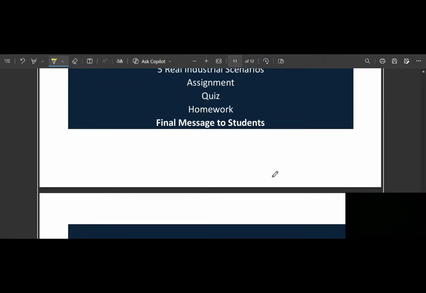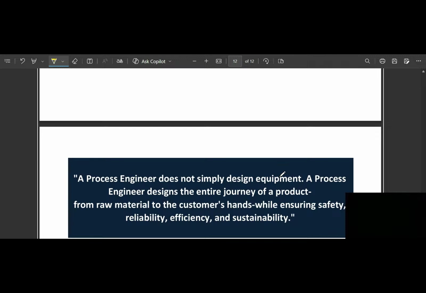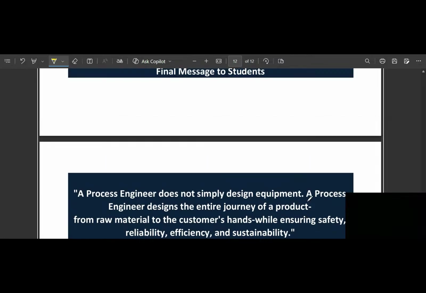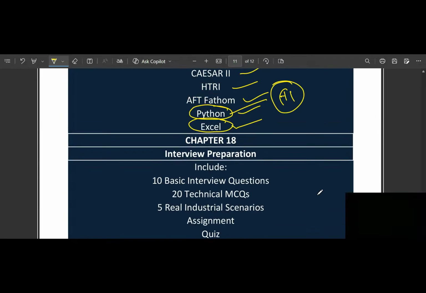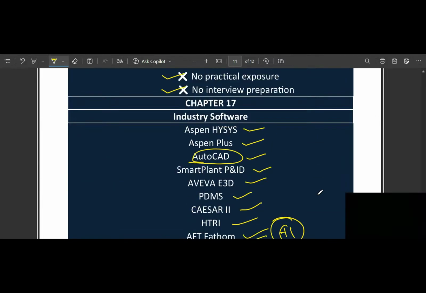So, final message from my side: a process engineer does not simply design equipment. A process engineer designs the entire journey of a product from raw material to the customer's hands while ensuring safety, reliability, efficiency, and sustainability. So this is all about the fundamentals of process design engineering.